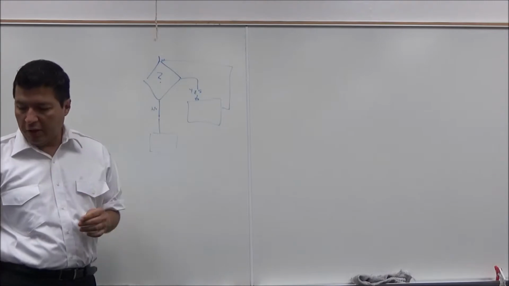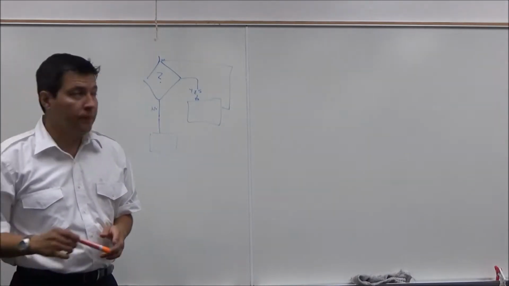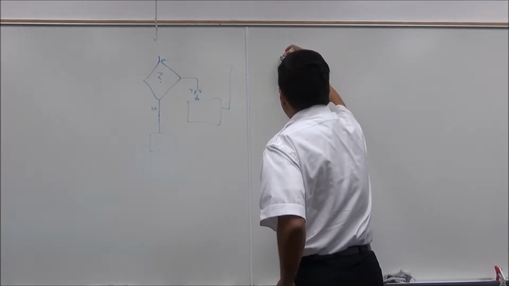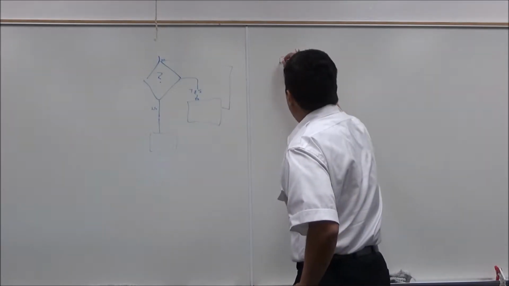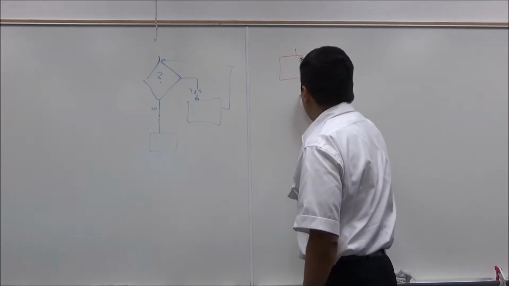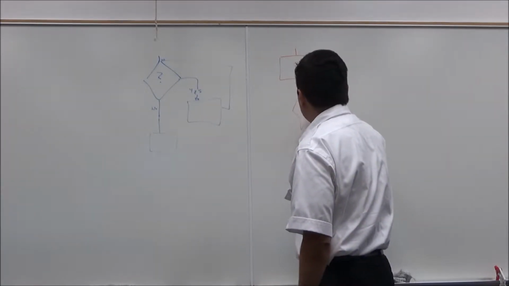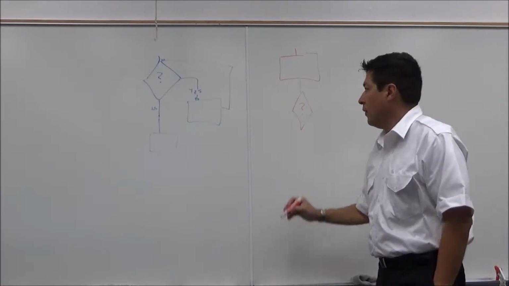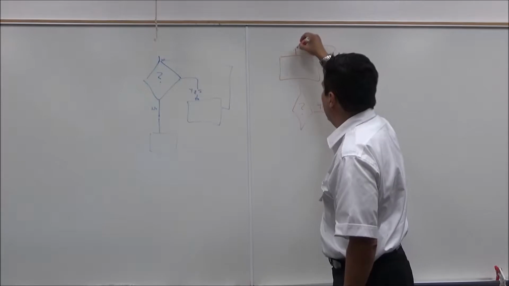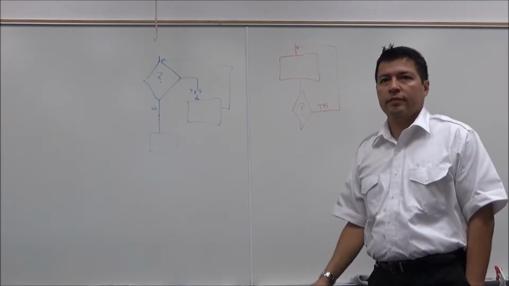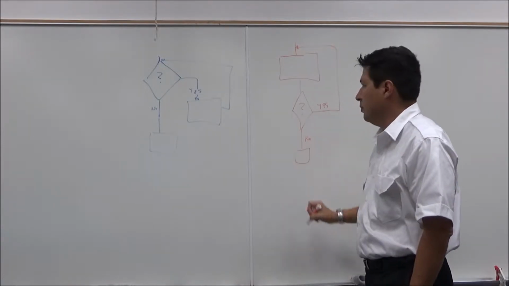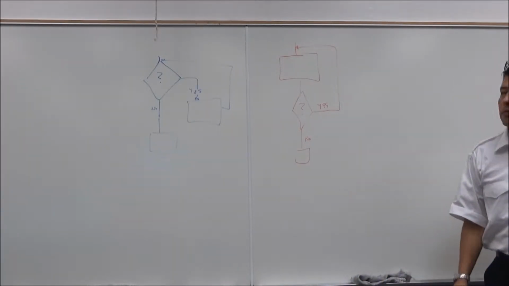Now, there's another type of loop that you might know about, is this. You do the code first, and then you ask the question. If the answer is yes, you do that code again. If the answer is no, you just keep going down.